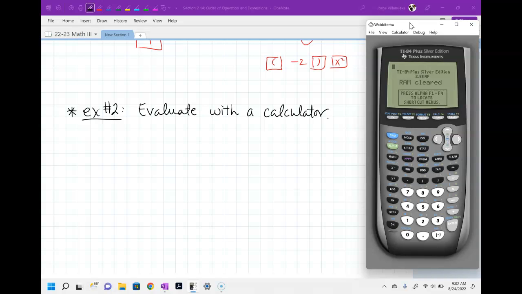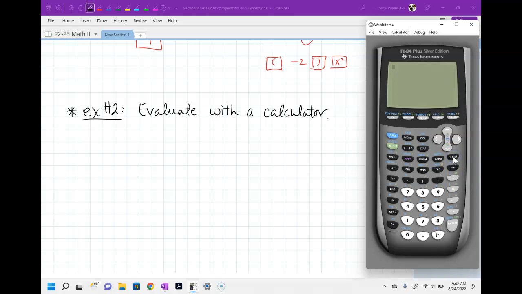But this is a TI-84 Silver Plus. I think it's about $110. They're free on Androids. You can get them for free. On iPhones too, if I could get it to work on your phone. But anyway, I'm gonna use that right now just to help us out.